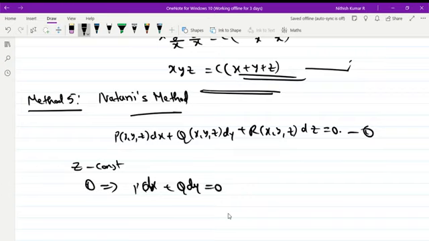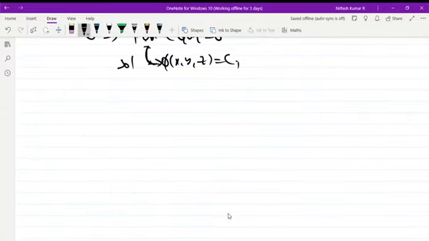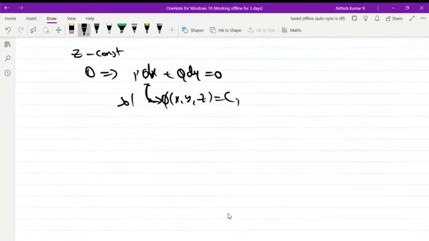Now suppose we find the solution of this equation as, say, phi of x, y, z equal to c1. This is the solution of this equation, and this is equation number 2.